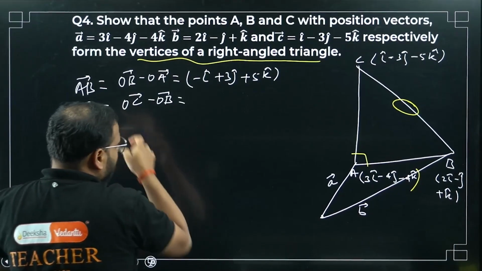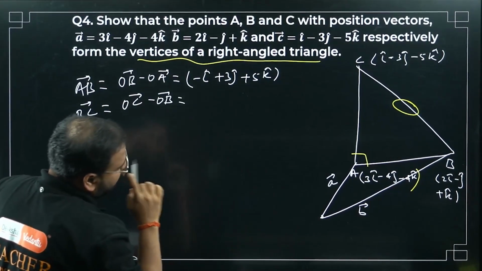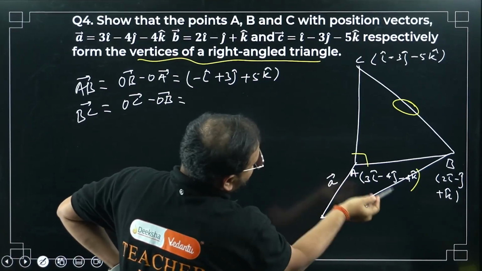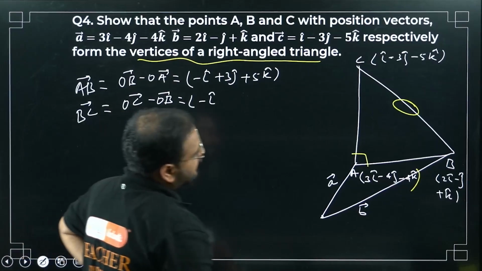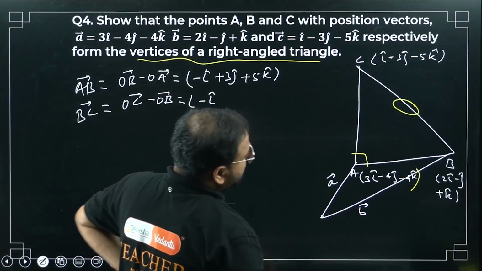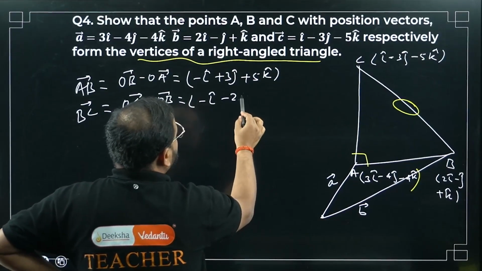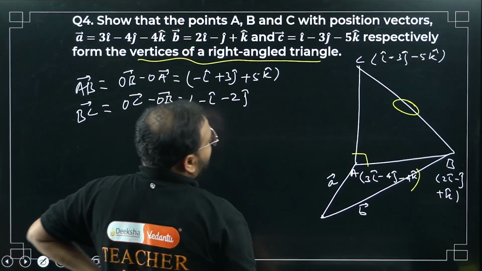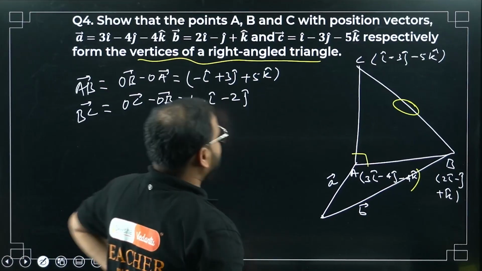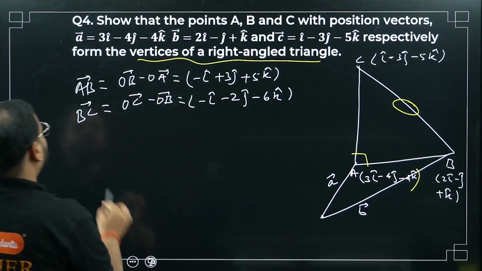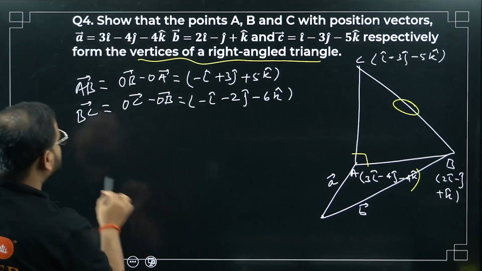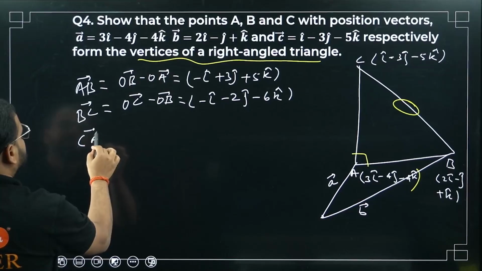For BC I have to do OC minus OB, right? So i cap minus 2i cap, so minus i cap. Minus 3j cap minus j cap, so minus 2j cap. And minus 5k cap minus k cap, so minus 6k cap. Right? Now check the last one, vector CA.